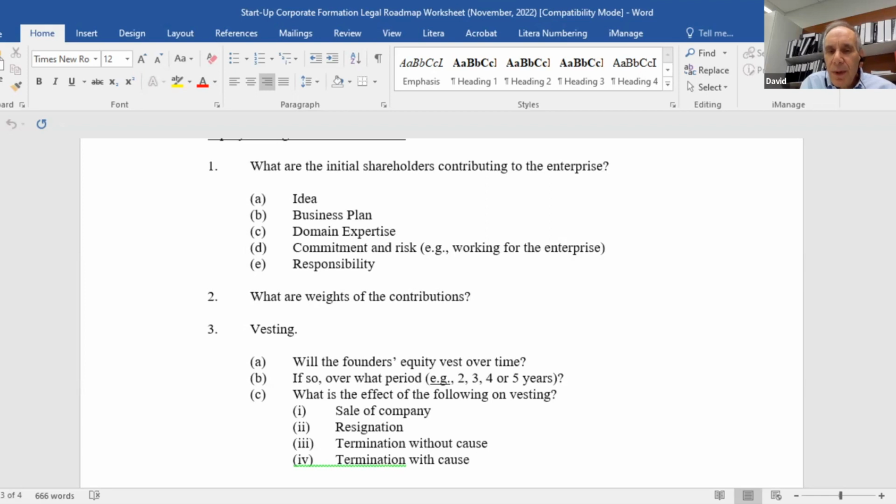So I may weight the business plan at 2, and I may weight the idea as a 4, and I might weight the commitment of risk as 10. And so you'll weight them, and then as you'll see in the process, you'll multiply them together, and then you'll end up with a weight, and then you can figure out what percentage it really gets. That's the exercise you're going to go through. And what you should come out of that with is a relative allocation of equity among the founders.